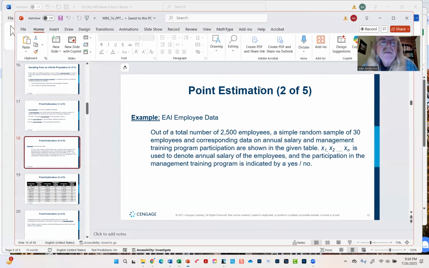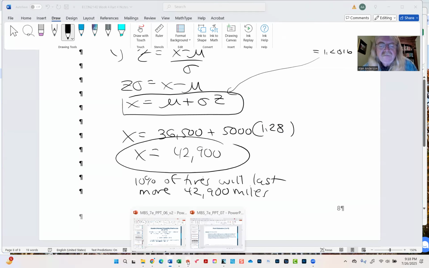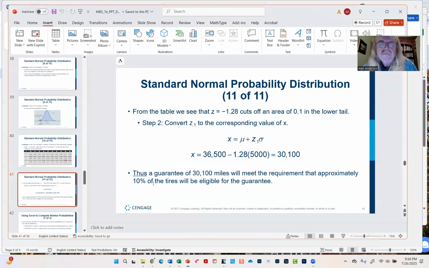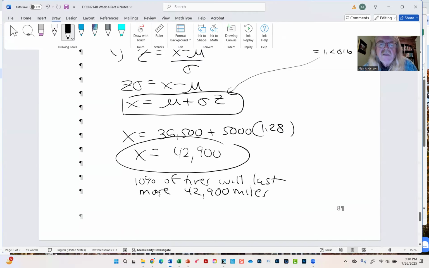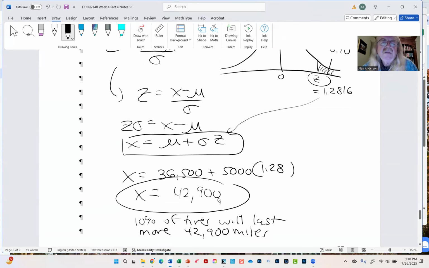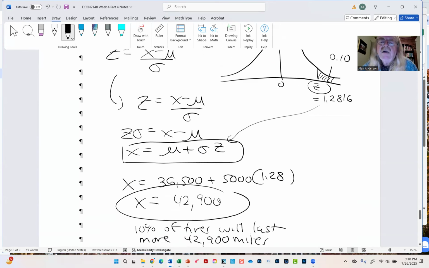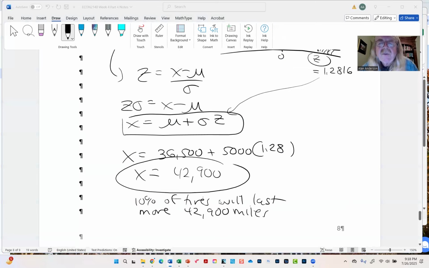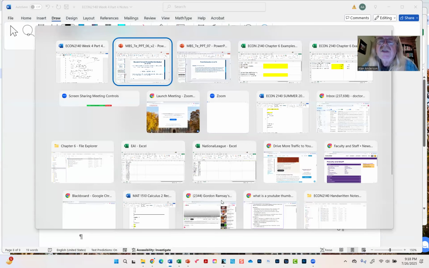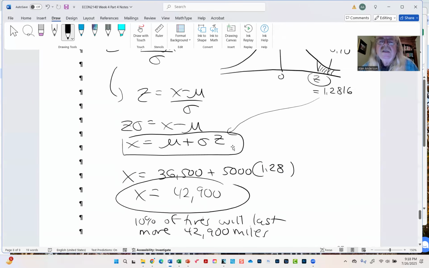Okay. So therefore, oh, I just realized, wait a minute. Oh, I think I misinterpreted what they wanted. They wanted the lower 10%. Oh my God. I misinterpreted what they were doing. Sorry, they wanted the bottom.